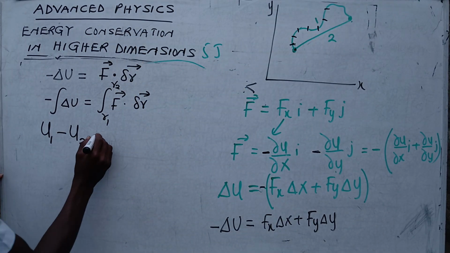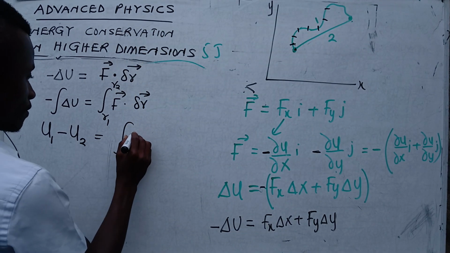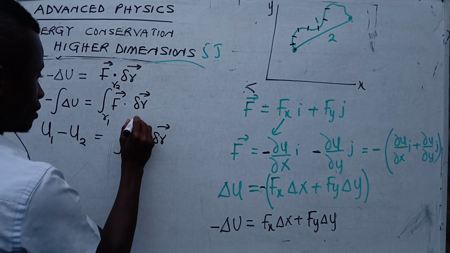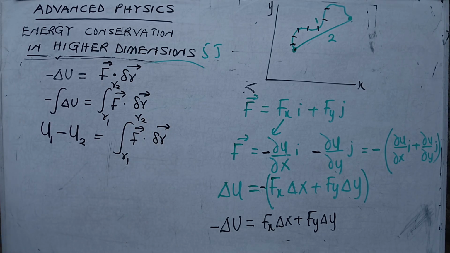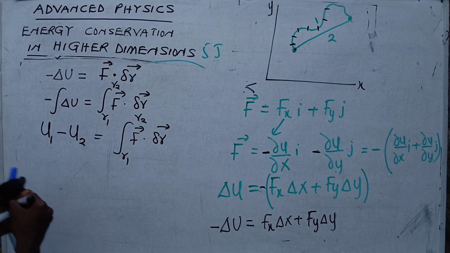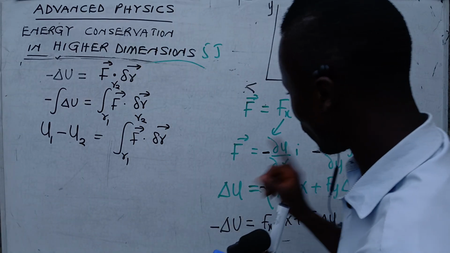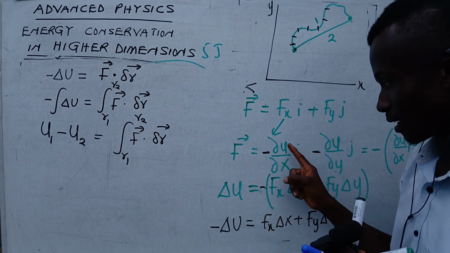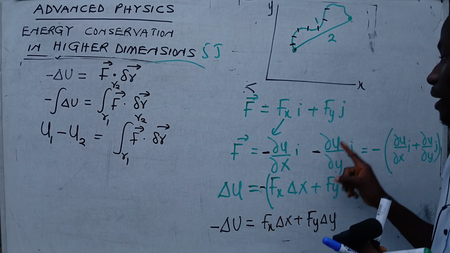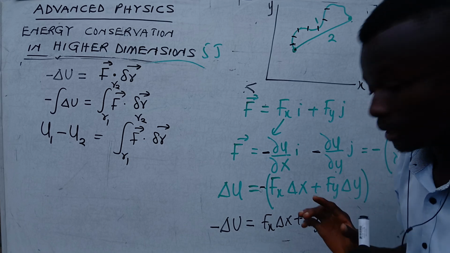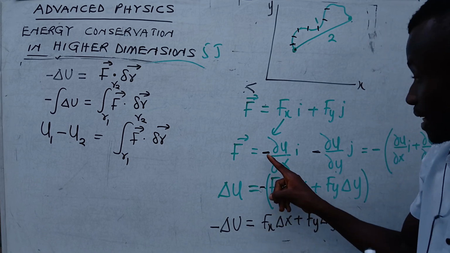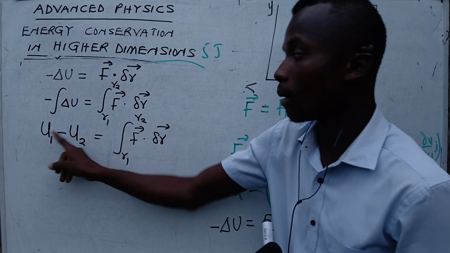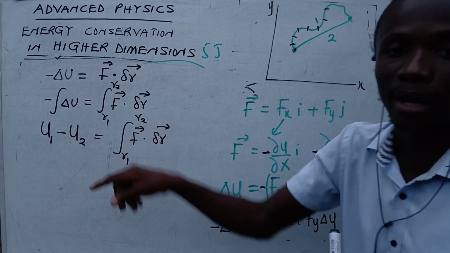So this will be equal to the integral of still the force vector dot dr from r1 to r2. So eventually we are able to do this because we have defined a force as a change in a height function with respect to x plus a change in a height function with respect to y. That's what we have done. And this negative sign we introduced was just to restore the fact that we needed u1 minus u2 and not u2 minus u1.